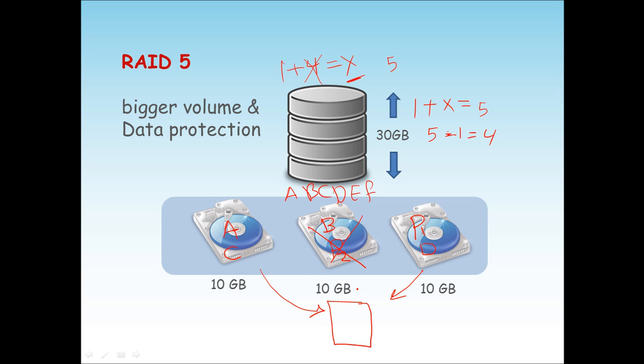So you will not lose any of your data, and now the total size is 30 GB, but the actual data is stored on 20 GB and 10 GB for parity. So we got protection for the data, and we use 2 by 3 of the space for storing the data.